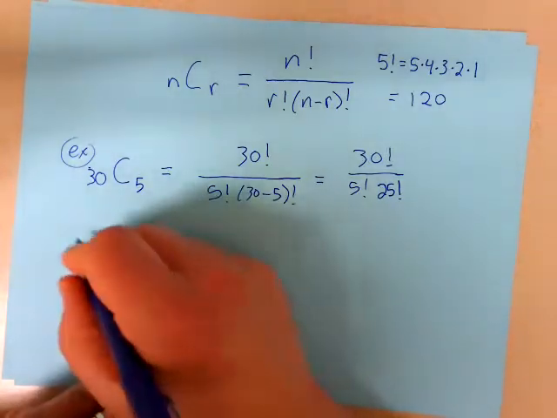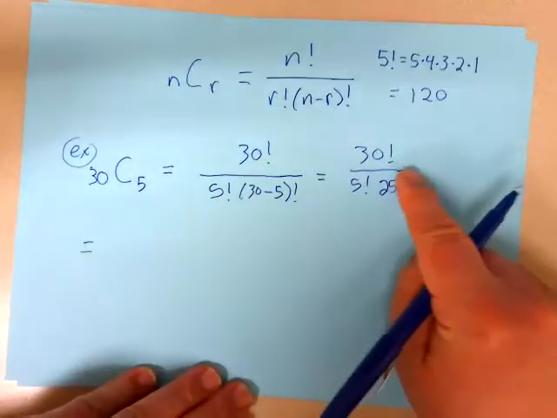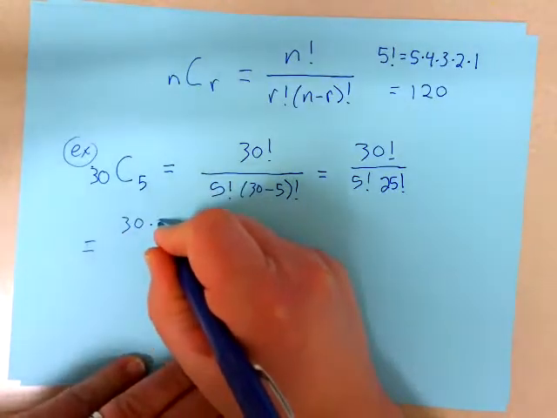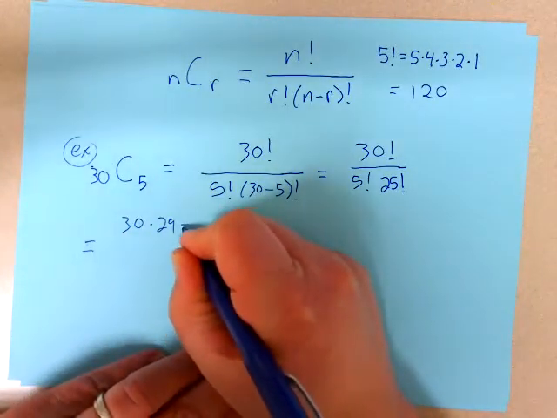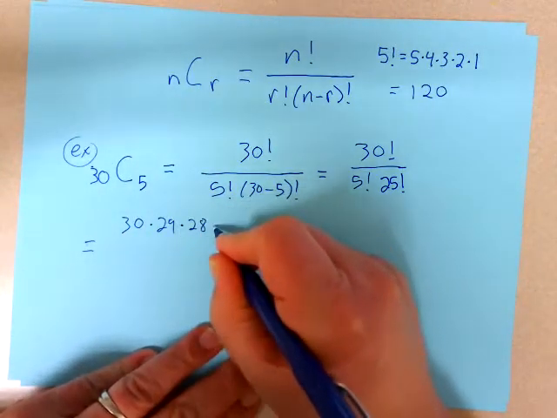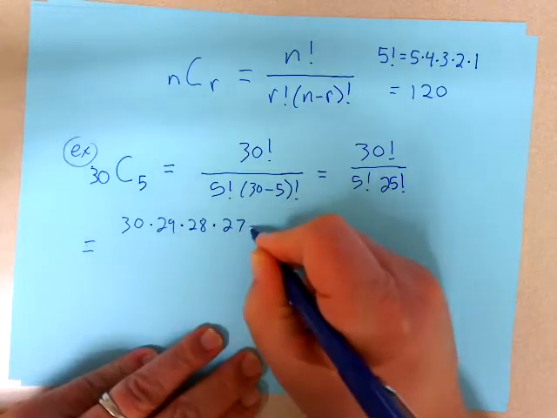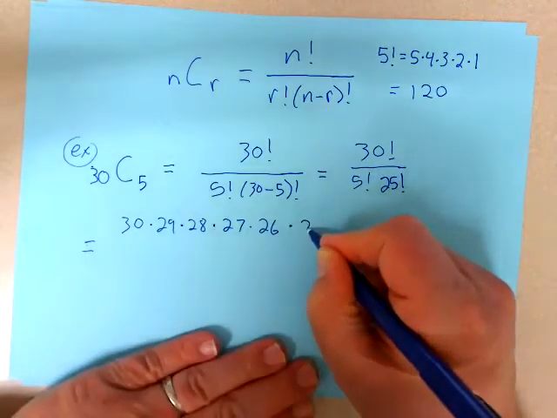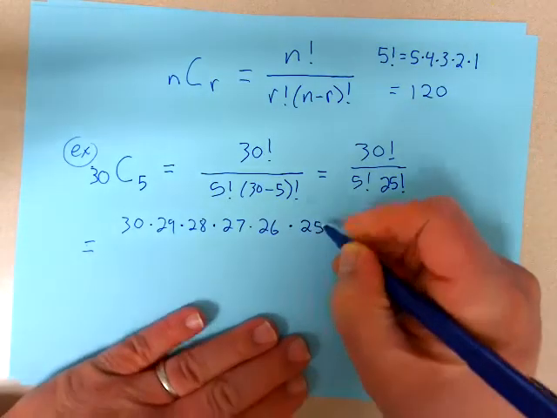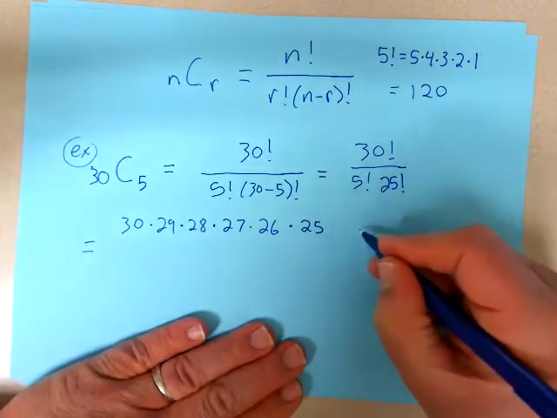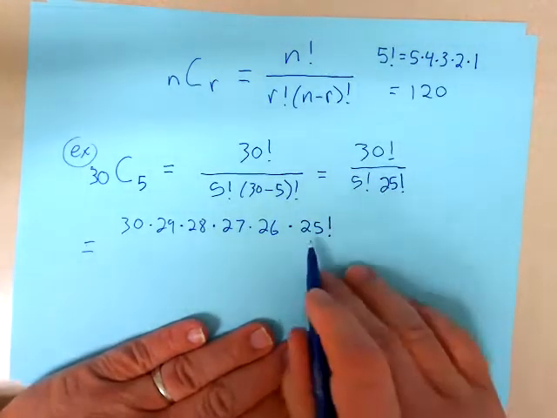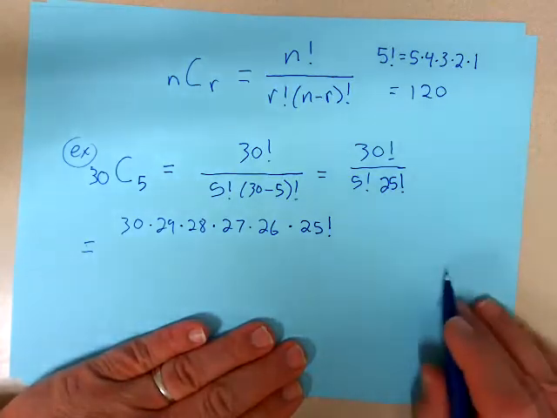And so now, if I were to write this out, I would have like 30 times 29 times 28 times 27 times 26. And then I'm going to do this on purpose. I'm going to write times 25. And then instead of going 24, 23 on down to 1, I'm going to just say 25 factorial, which is 25 on down to 1.